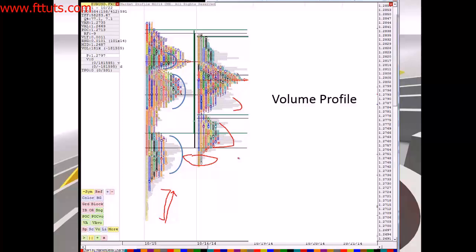Most other people will look at these levels and try to identify them as levels of support or resistance. But if you look at the true meaning, resistance is really a market that isn't accepting the price because the sellers overtake the buyers.